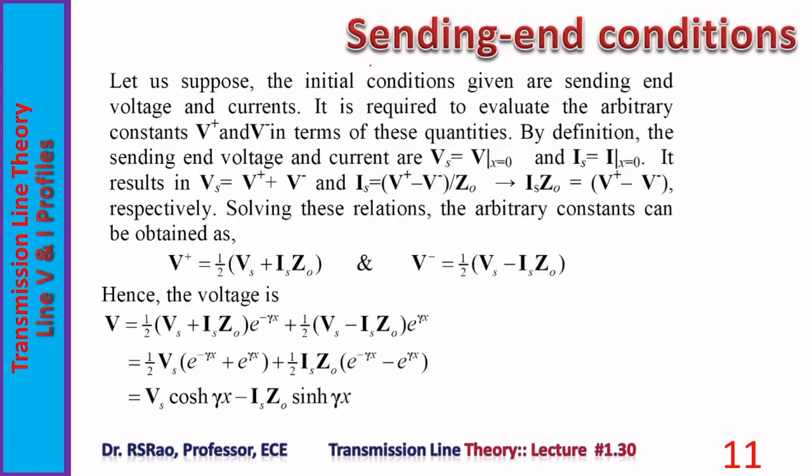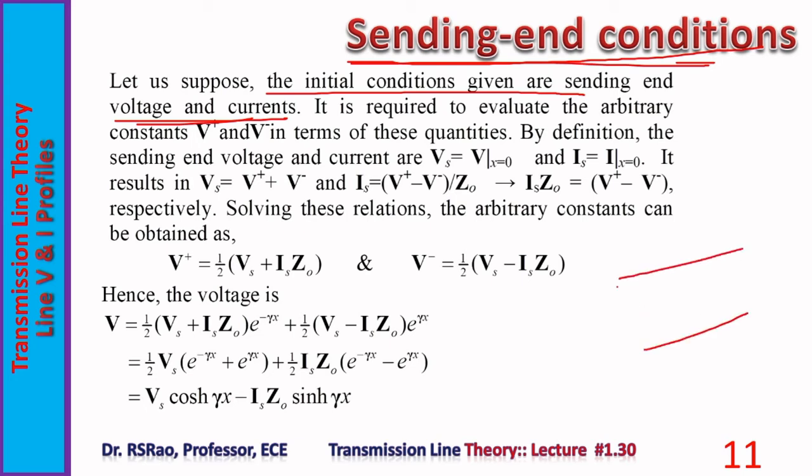Any two will do. Let us now evaluate the arbitrary constants in terms of sending end conditions: sending end voltage, sending end current, sending end impedance. Let us suppose the initial conditions given are sending end voltage and current. It is required to evaluate the arbitrary constants V plus and V minus in terms of these quantities. See, the idea is this.